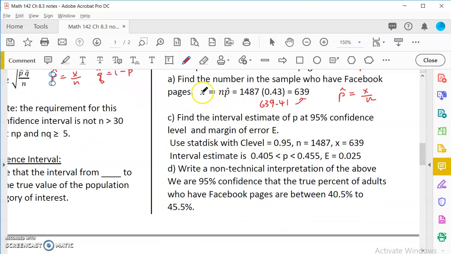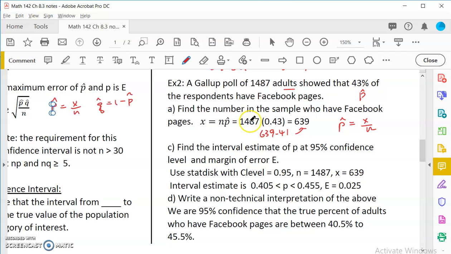Now we can use this X and N, which is 1487, to do the estimate at 95%. So remember, we need the C level, N, and X. If X is given, like in the first example, then we are done. But if X is not given, sometimes we use p-hat to calculate X.